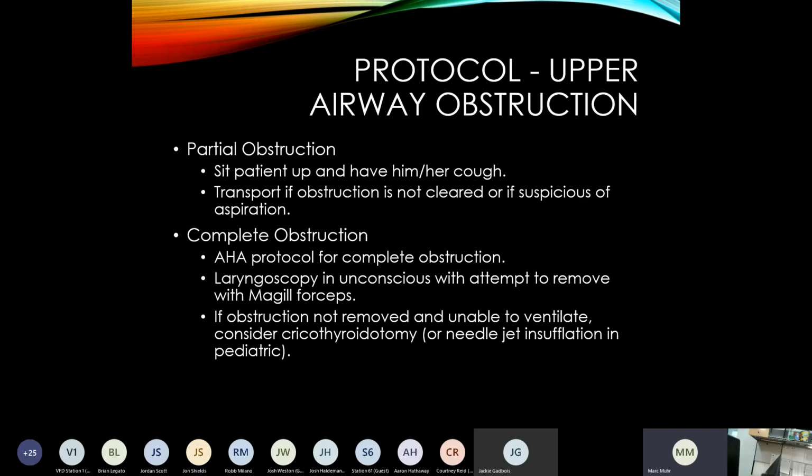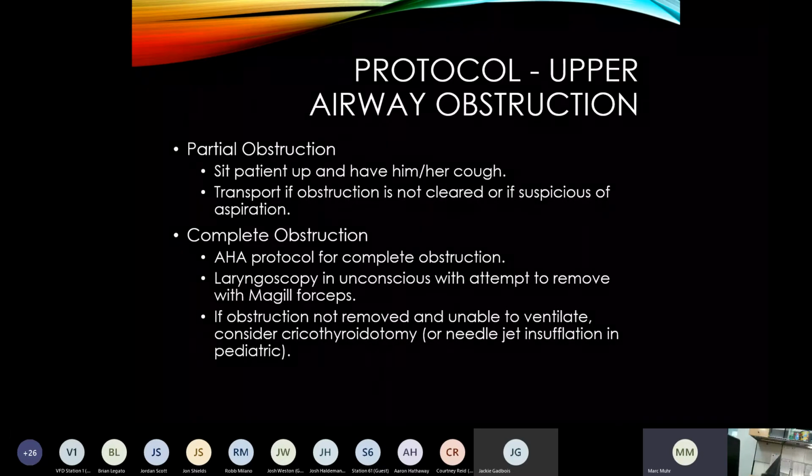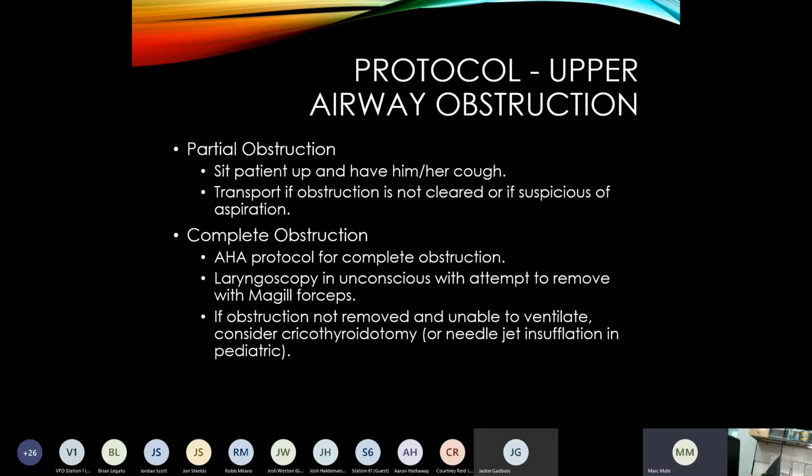If the obstruction is not cleared, yet they're still not completely in extremis, be suspicious that it was aspirated. They must be evaluated at that point. In a complete obstruction, use AHA guidelines. Do laryngoscopy if unconscious. You can attempt to remove the foreign body with a McGill forceps if you have that available to you.